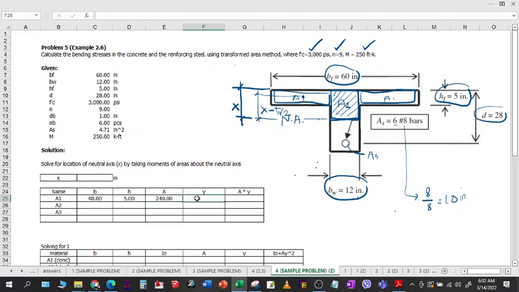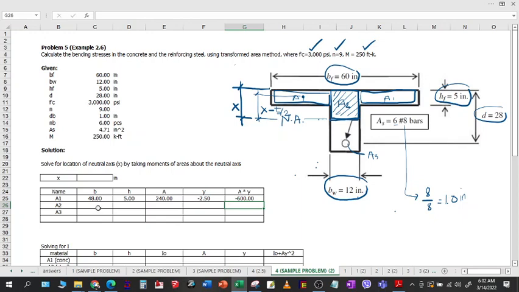So y equals x minus 5, or height of the flange, over 2. This is just a temporary value because we don't have the value of x yet. Then for y bar, we have a times this one, ay.